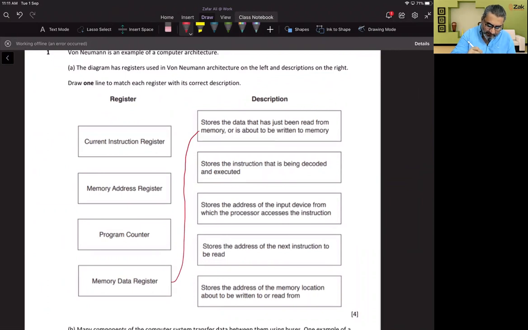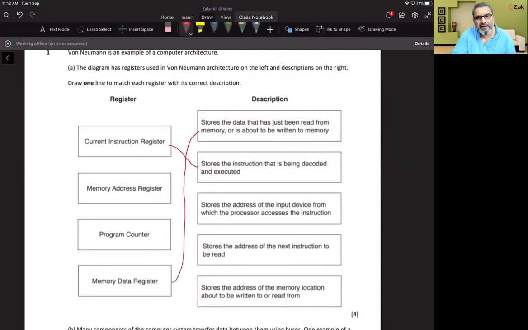MDR, memory data register. The second one stores the instruction that is being fetched and executed. So this is current instruction register. It stores the address of the input device from which the processor accesses the instruction.